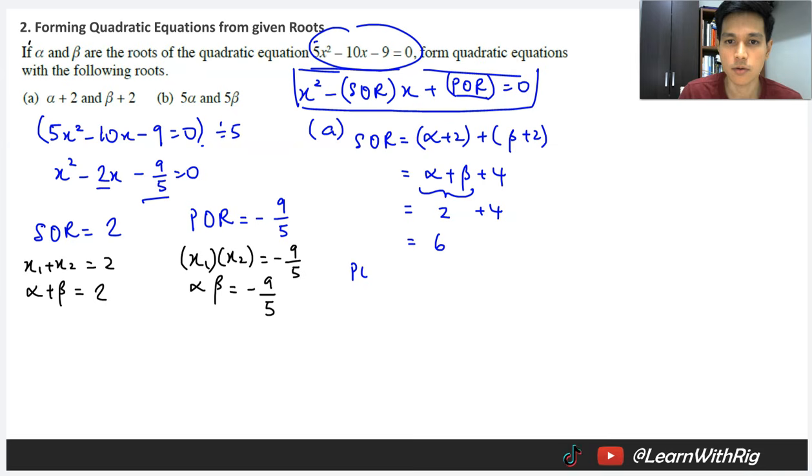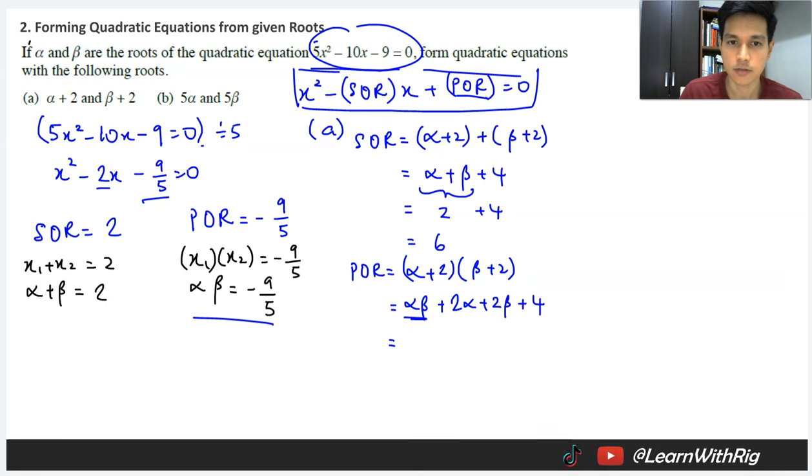What about POR? POR is alpha plus 2 multiplied by beta plus 2. So you get alpha beta plus 2 alpha plus 2 beta plus 4. So what is alpha beta? You already got it here, correct? So just substitute. You get negative 9 over 5.